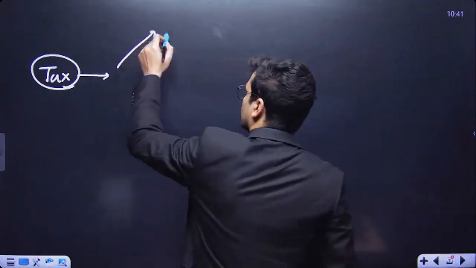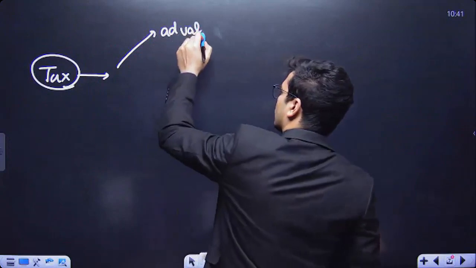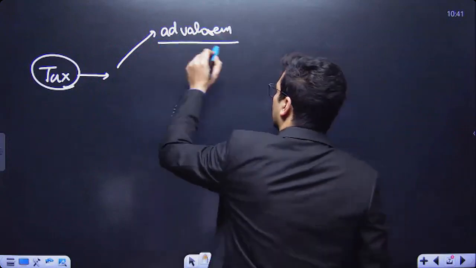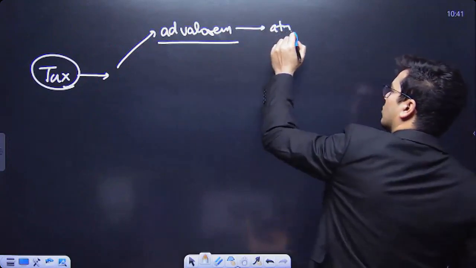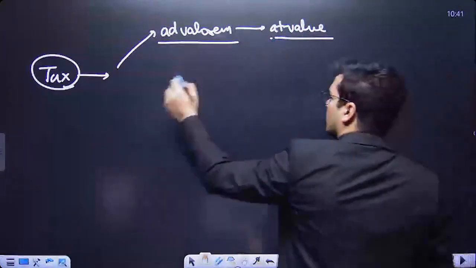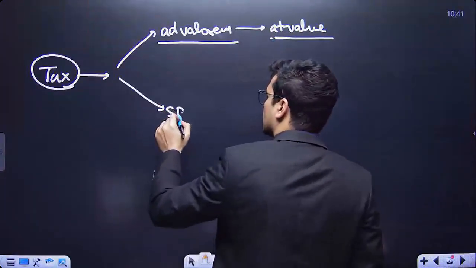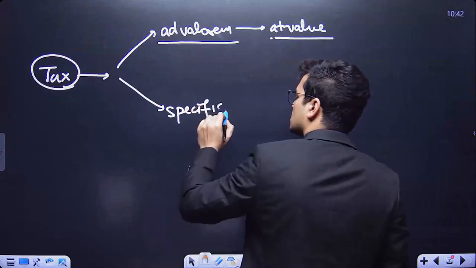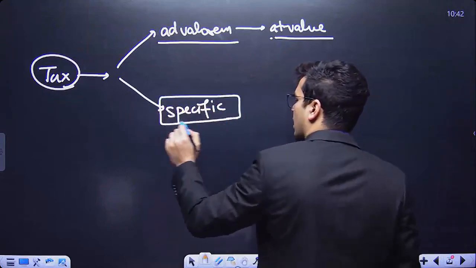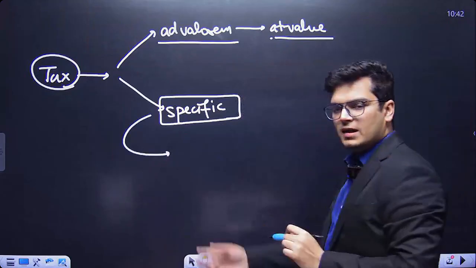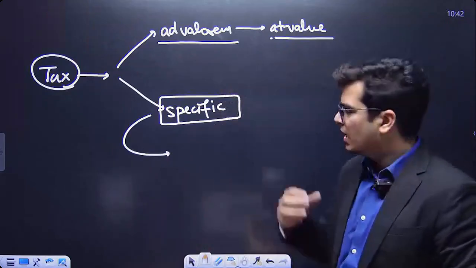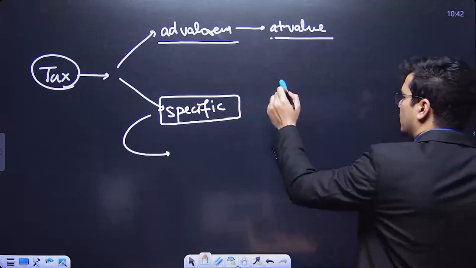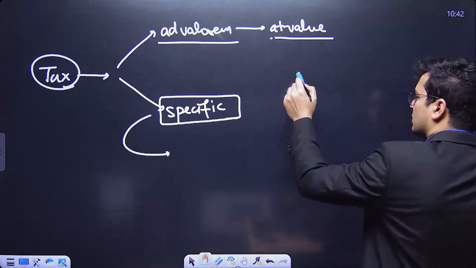Now, there are two ways. One is ad valorem. Ad valorem is simply a Latin phrase meaning at value. The second is specific. Specific means a tax on anything other than value. I'll give you an example. Government says this is a pen.